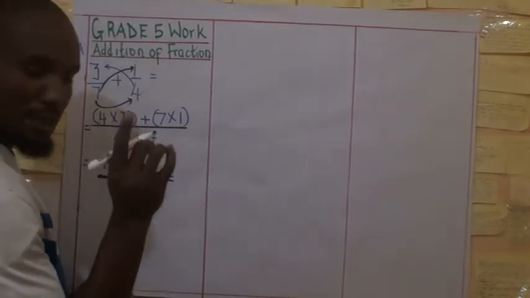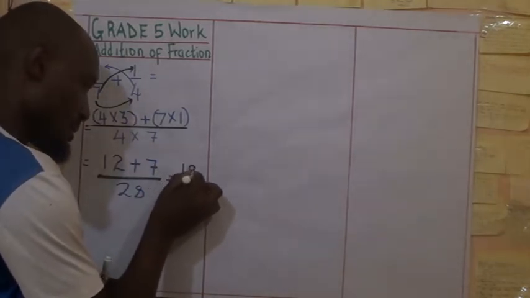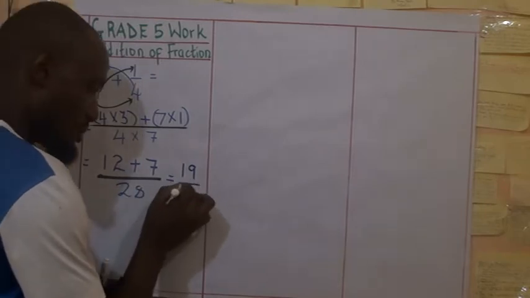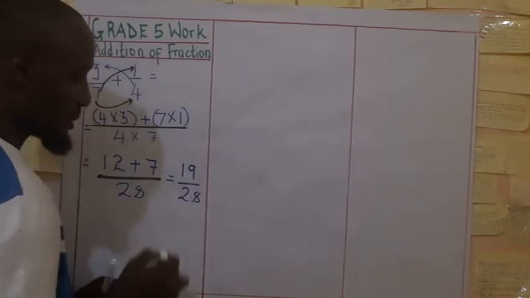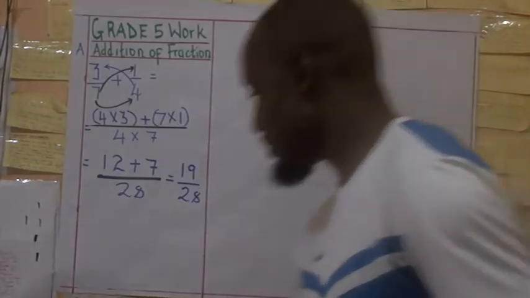So what's our answer? 12 plus 7, you get 19 over 28. So you get your answer as what I've just done on the board.